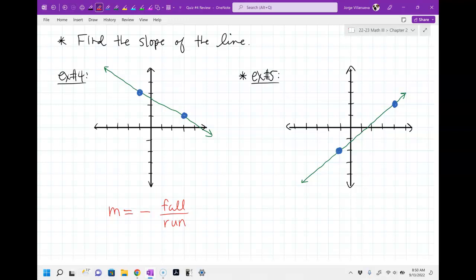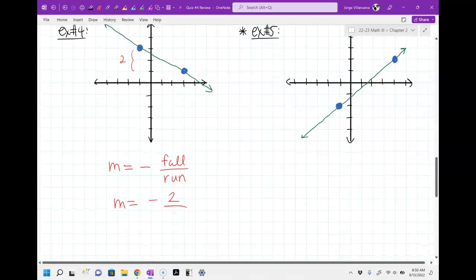Now, to go from the point on the top left to the point on the bottom right, how many times do I fall? 2 times, right? I fall 2 times. So I'm going to go down 2 times. From here to here, that's 2. So I'm going to write m equals -2 over.